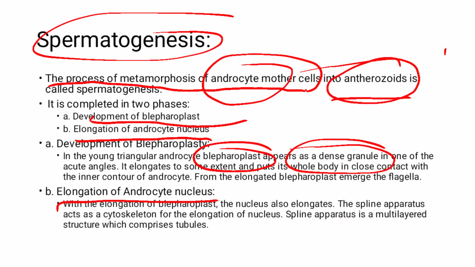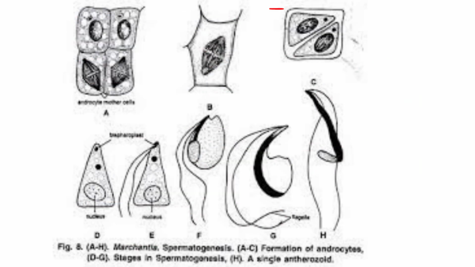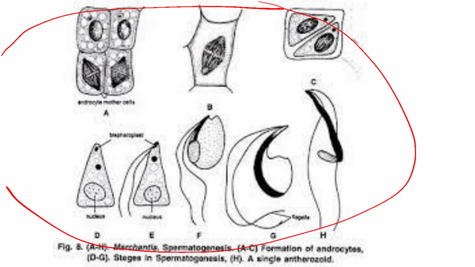As the blepharoplast develops and the flagella develop, the nucleus also elongates. As the nucleus elongates, the cell becomes tubular in structure, and because of the development of flagella and tubular structure, they become motile in nature. So diagrammatically, it appears like this. The mother cell undergoes metamorphic changes.